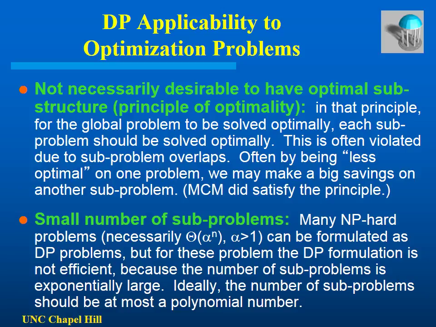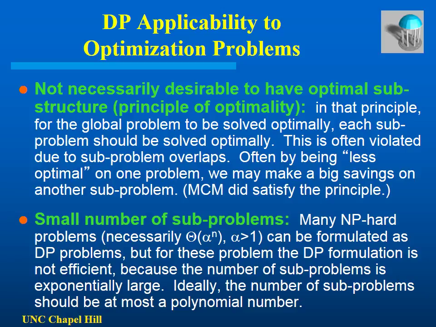In some such problems, for the global problem to be solved optimally, the sub-problems into which we divide it should each be solved optimally. But this is frequently not the case because of the relation of one subproblem to another.